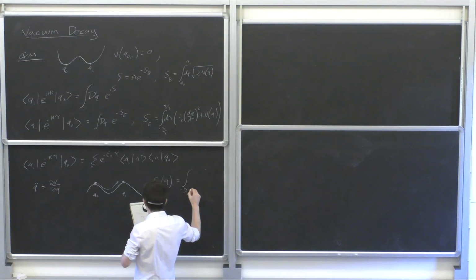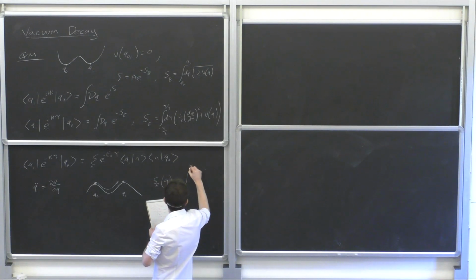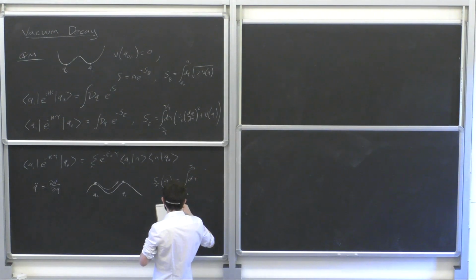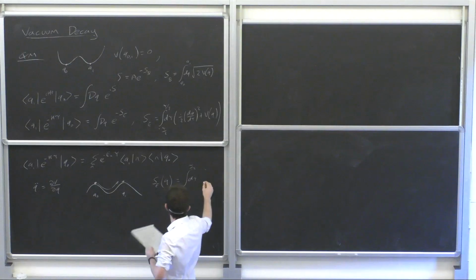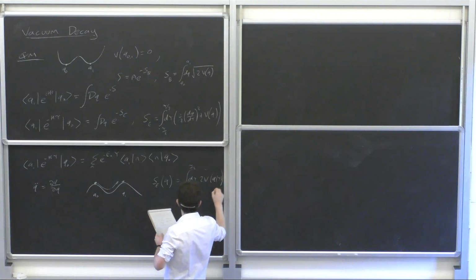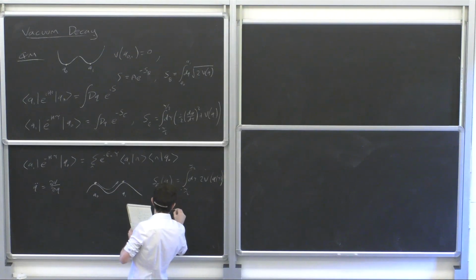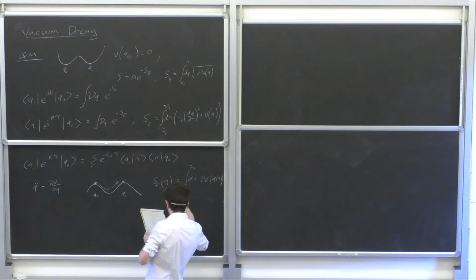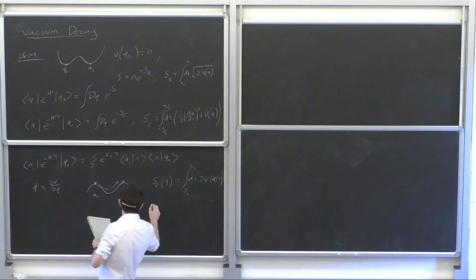The action is the integral of dtau of one half q dot squared plus V, and now because we have some equivalent of the conserved energy, this is just the integral of dtau of 2V of q of tau. In particular, because we have that half.